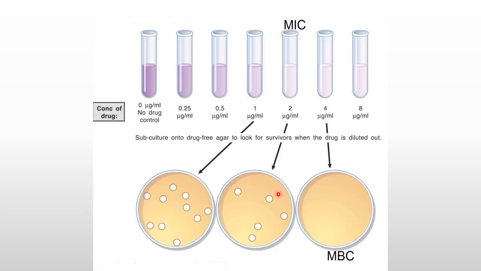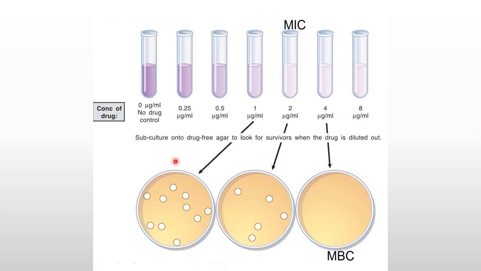So this is the antibiotic turbidimetric assay result. If no drug is added, there is maximum growth of microorganism, or maximum turbidity. If the concentration is high, there is no growth of microorganism, or absence of turbidity.